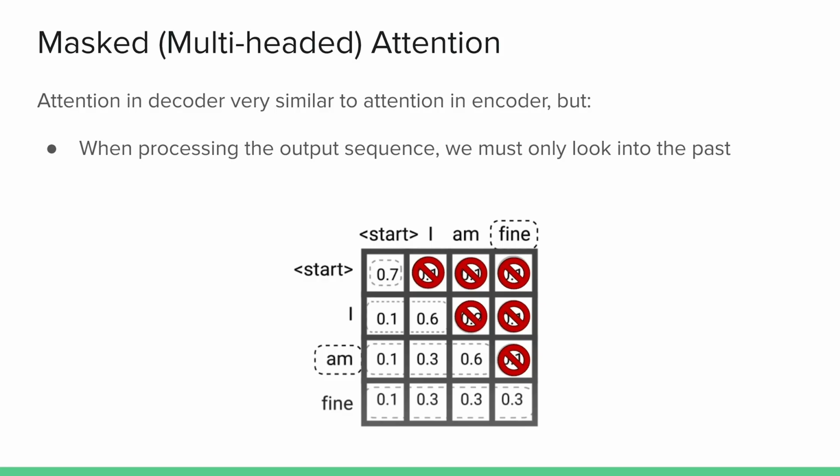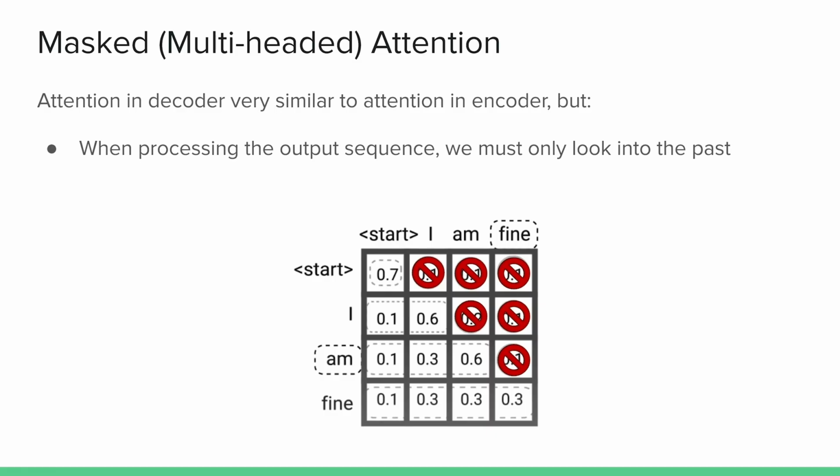And what we have to do now is we have to cut out that part of the information. And given that we, again, feed in our entire sequence, this becomes a matrix where we have to cut out all the words that appear later on in our output sequence. So when we're starting the sentence "I am fine," we shouldn't have access to the word "I."